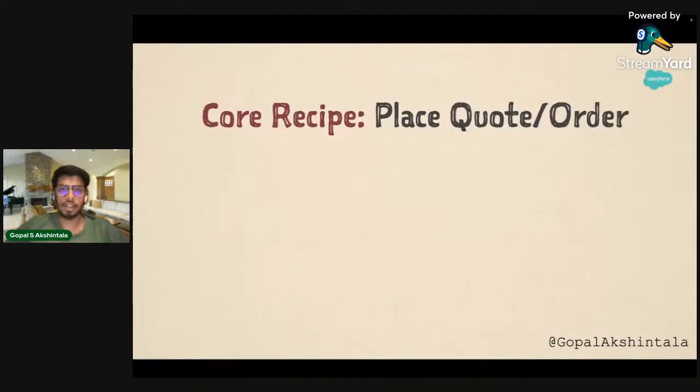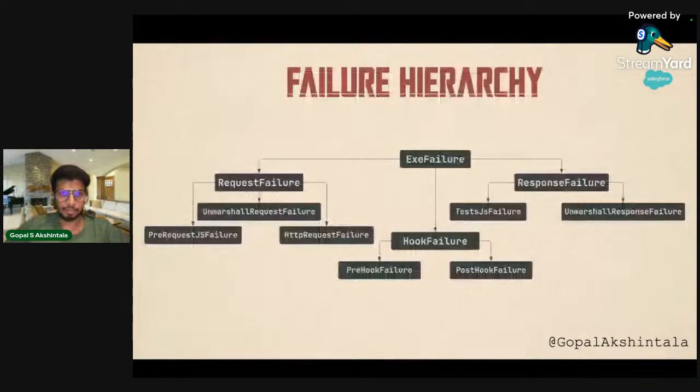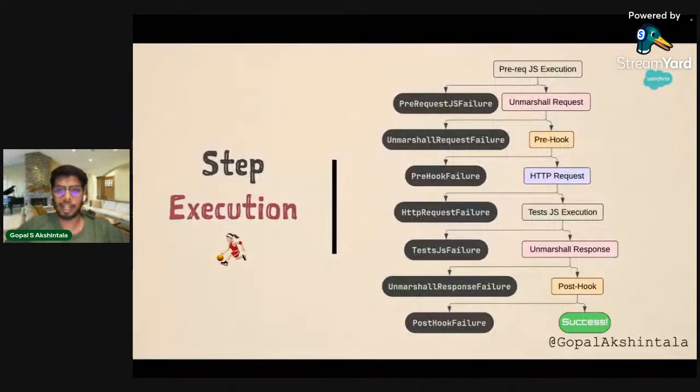And this is what all can happen. Like I said, this is the high level flow diagram of this entire execution. It starts with pre-request JS and then unmarshals the request into the type safe POJO that you have set up. And then there is a pre-hook, which you must have written in Java, which gets executed. And the HTTP request happens.